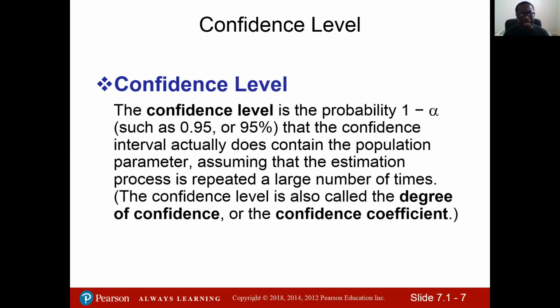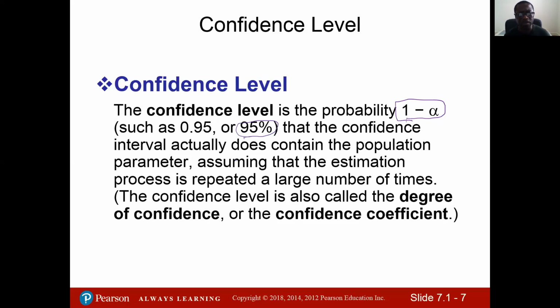So we also need to talk about what the confidence level is. At what level are you confident that the true value of the parameter will lie within a certain interval? We use the formula 1 minus alpha, so we can have 0.95 or a 95% confidence level.